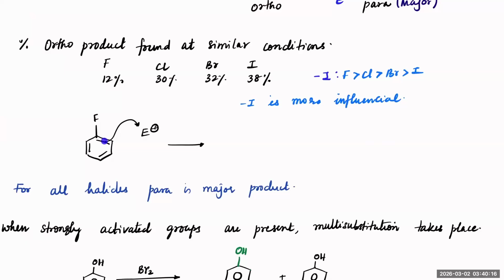Next, if the pi bond attacks the electrophile in fluorobenzene, then definitely you'll get the electrophile here, correct? And another one is the electrophile here at the para position. Since ortho is only 12%, the rest, 88%, will be para. So this will be the major product.